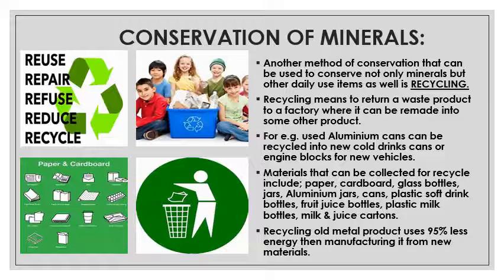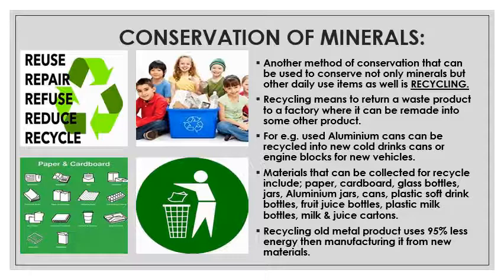Materials that can be collected for recycling include paper, cardboard, glass bottles, jars, aluminum cans, plastic soft drink bottles, fruit juice bottles, plastic milk bottles, and milk and juice cartons.